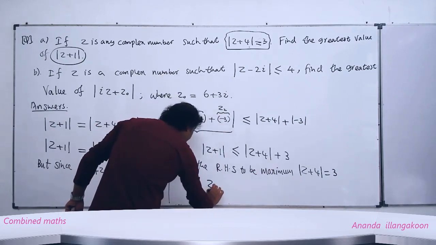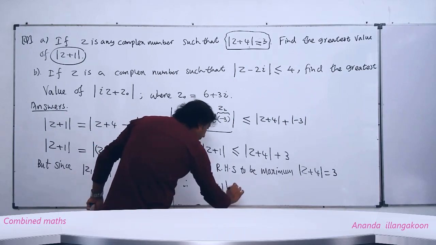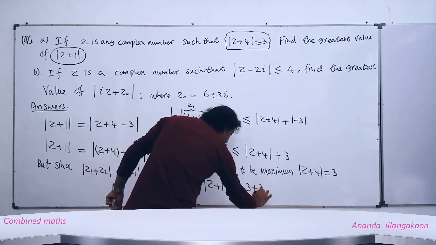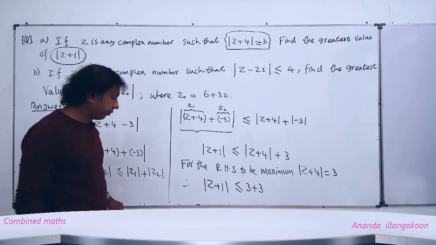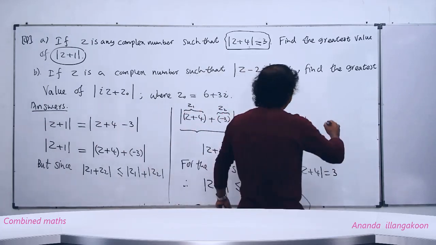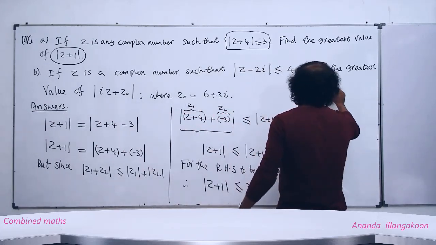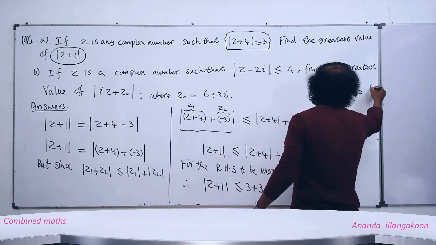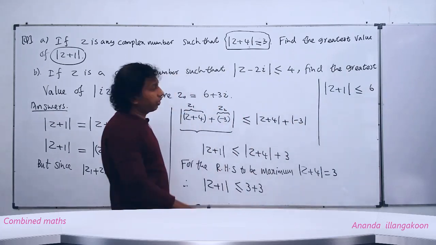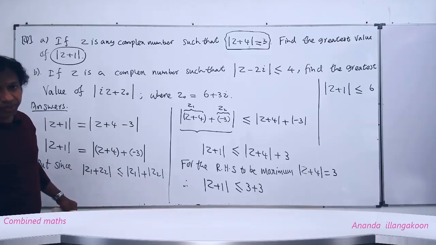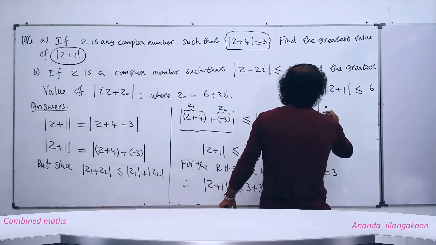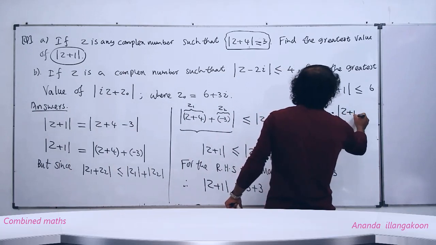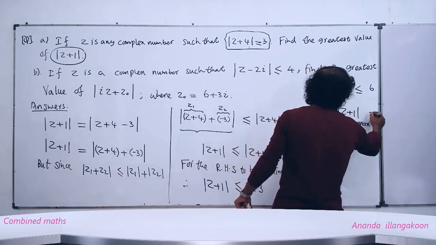Therefore, |Z + 1| is less than or equal to 3 + 3, which is 6. |Z + 1| is less than or equal to 6. The maximum value this |Z + 1| can take is 6. Therefore, |Z + 1| max equals 6.